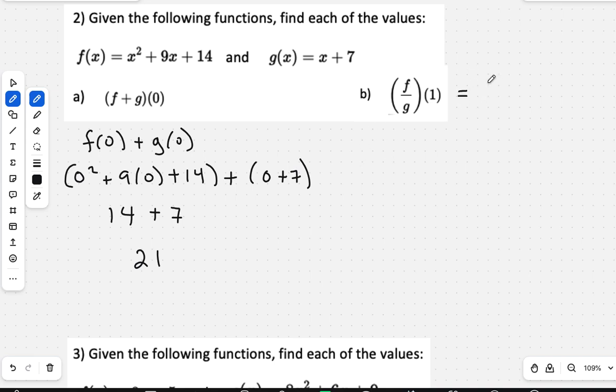This one means the same thing as f of 1 over g of 1. There's no reason to write it that way, but it's good to recognize, in case this one is clearer to you, which it is to me, that these mean the exact same thing. So we'll evaluate f at 1.